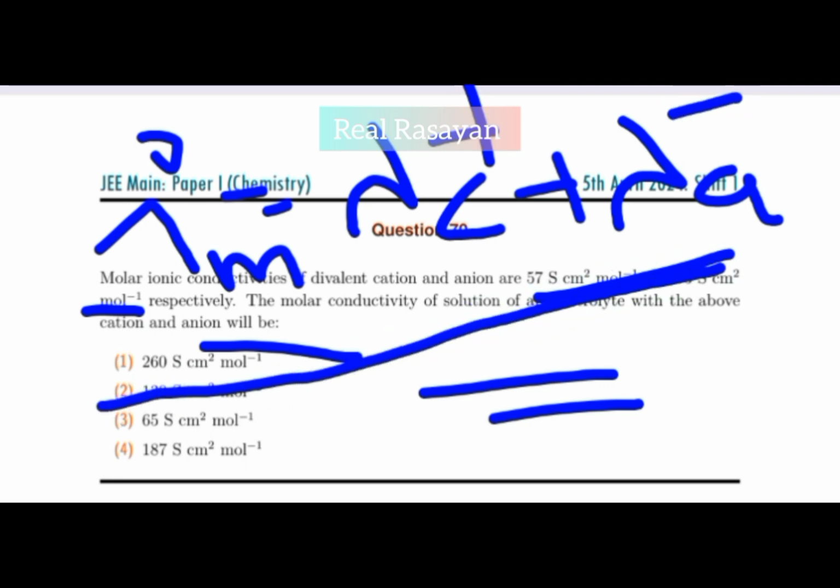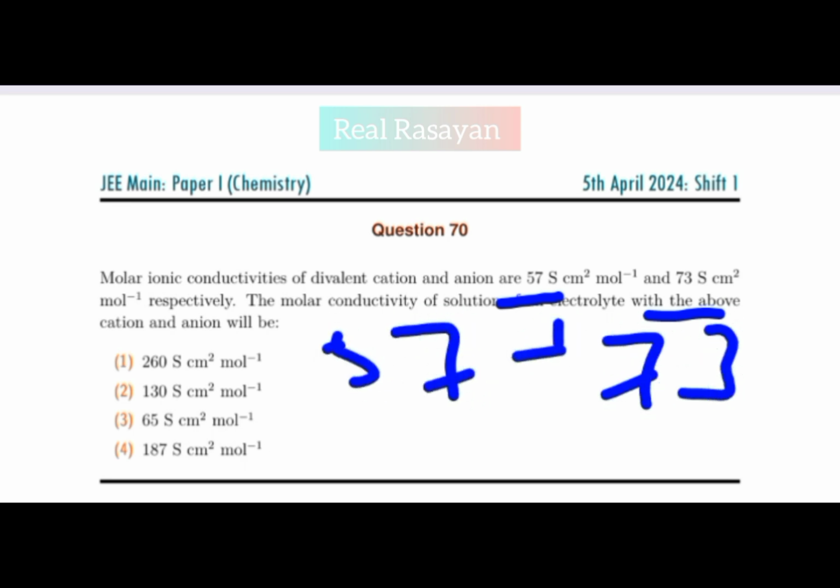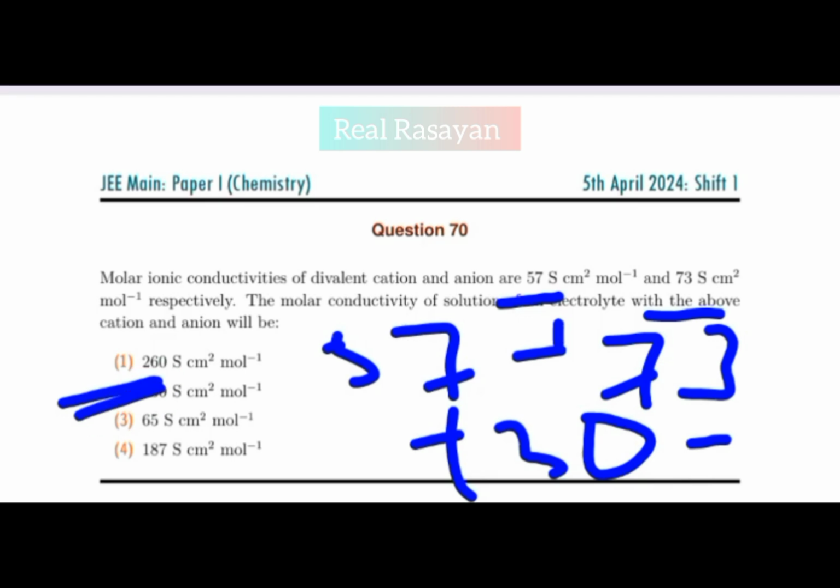So this is the formula we can apply directly. We add the values of the molar conductivity of cation and anion, 57 plus 73, so it will be approximately 130 Siemens centimeter square per mole. So the answer will be 2.